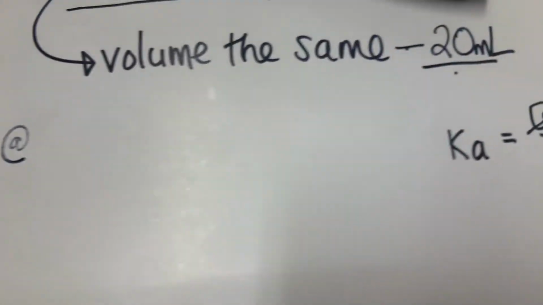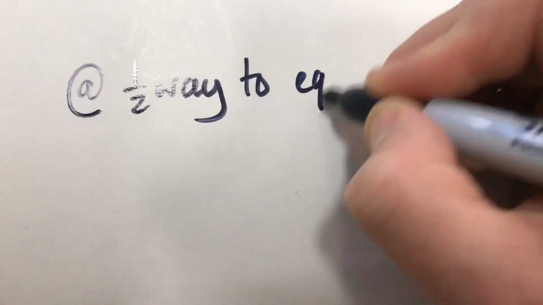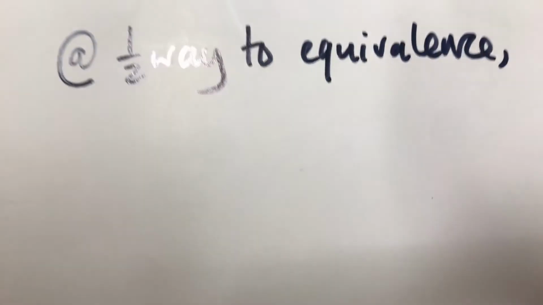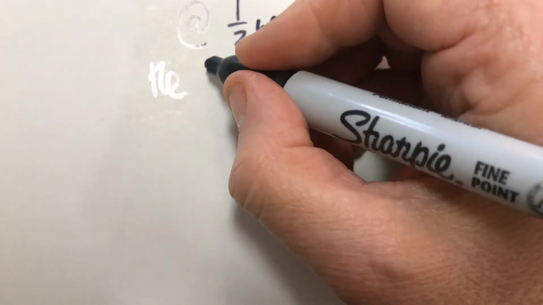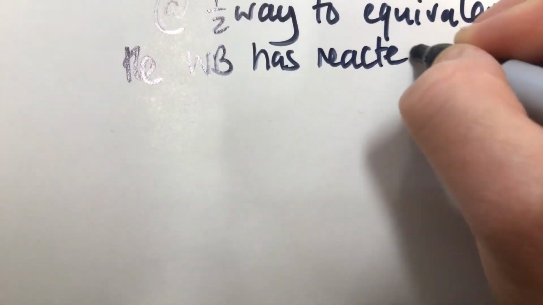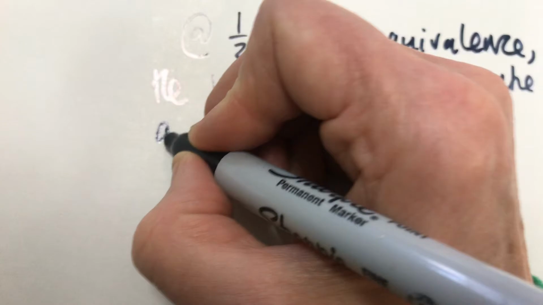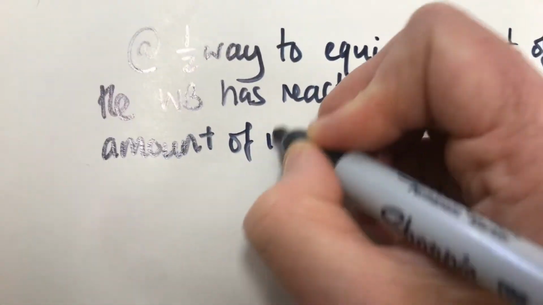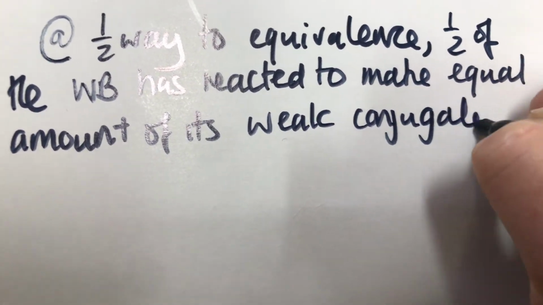So if we had to explain that point in words, we would say something like: at halfway to equivalence, half of the weak base has reacted to make an equal amount of its weak conjugate acid.